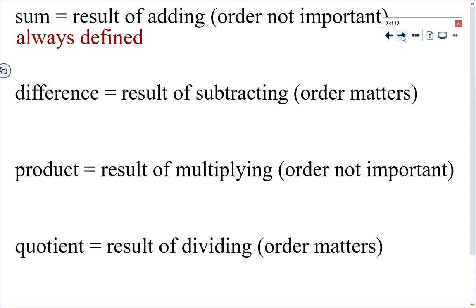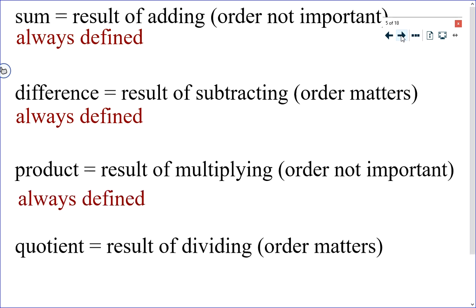Any 2 functions, as long as they exist, can be added together. The same is true of a difference. If you take any 2 numbers, you are always allowed to subtract them. And if you take any 2 functions that both exist in a particular place, you are always allowed to subtract them. So the difference is always defined.